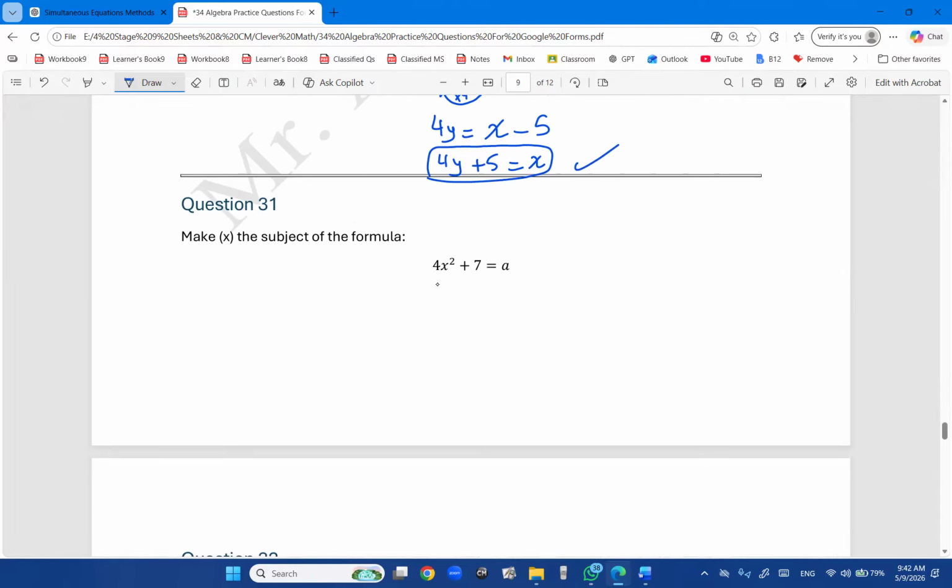Same thing over here. Ask yourself, what is the first thing that happened to x, then the second, then the last, and then start sending the last. So here, x, the first thing that happened to it is that it got squared. After we squared the x, we multiplied the result by 4.